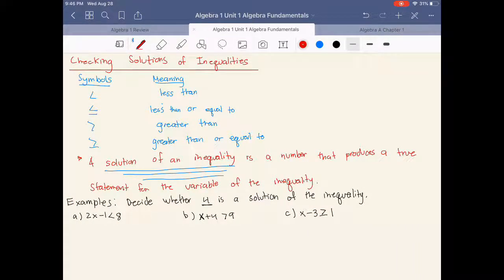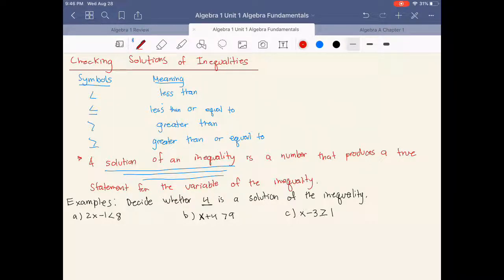Okay, so checking solutions of inequalities. I'll give you guys a couple minutes to copy this down, so please pause the video. Alright, so you guys should have copied this down already. Now, checking for solutions of inequalities.